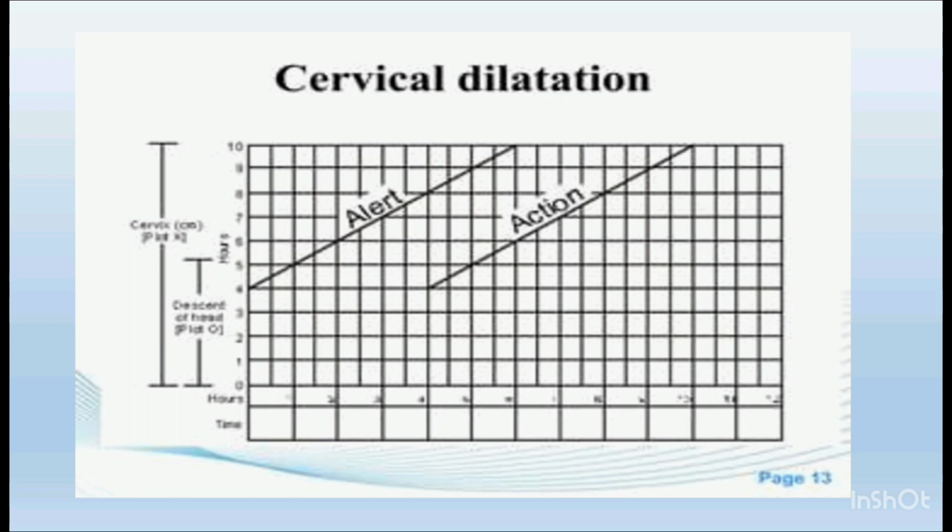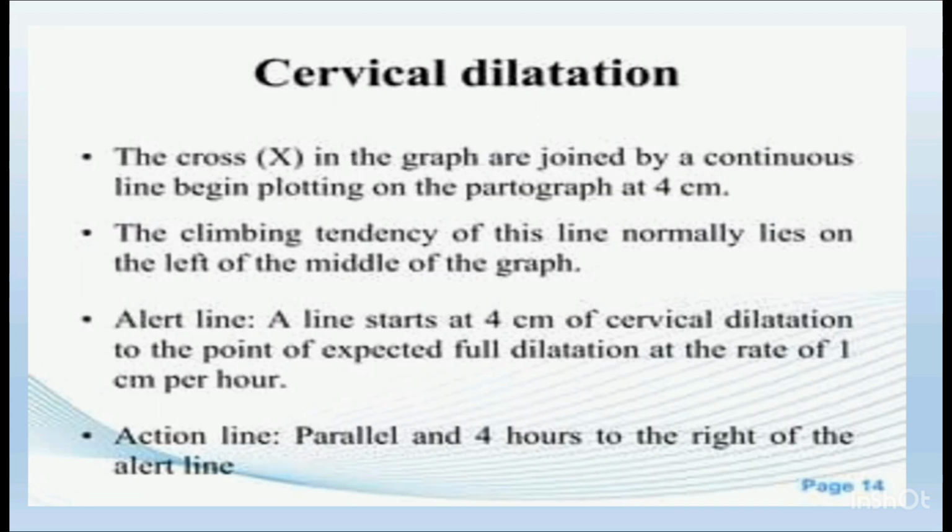You have to start plotting after 4 centimeter of cervical dilatation and plot a cross sign after every assessment. Now the cross signs in the graph are joined by a continuous line. The climbing tendency of this line normally lies on the left of the middle of the partograph.